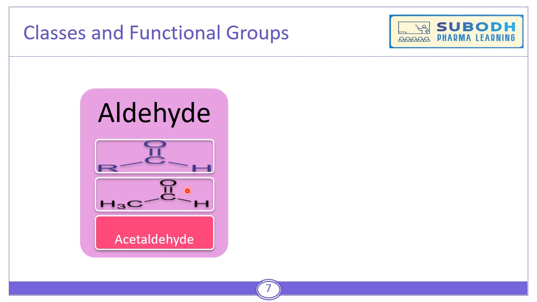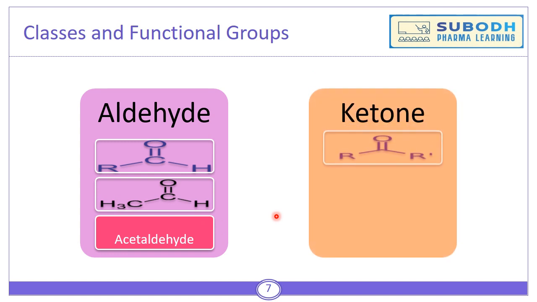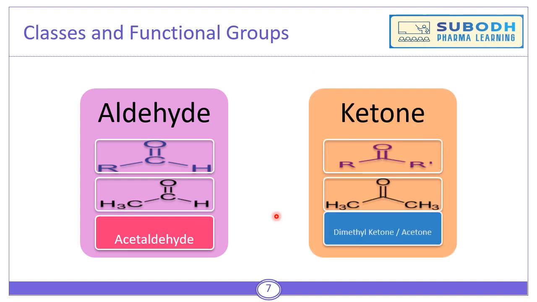The next class is ketone, having formula RCOR', and the example is dimethyl ketone or acetone.